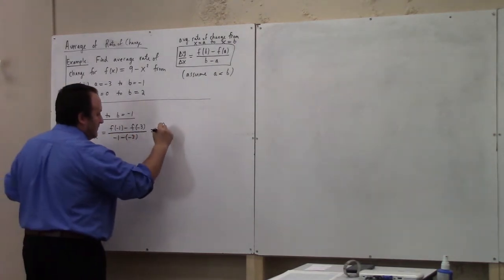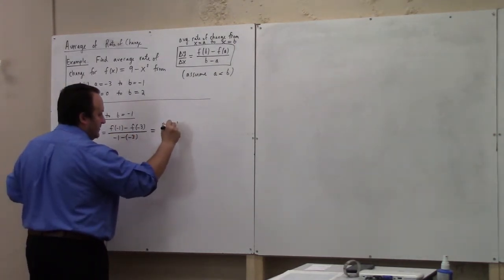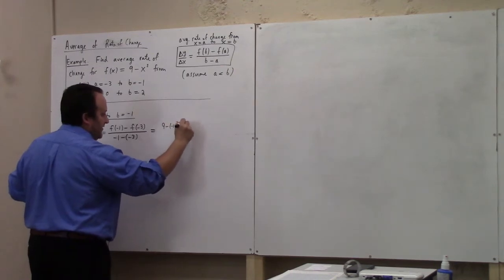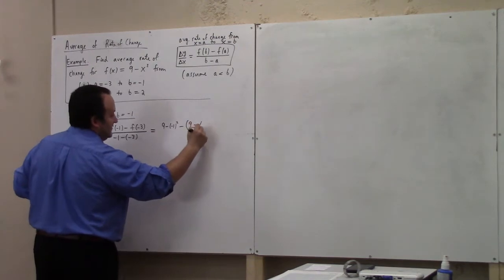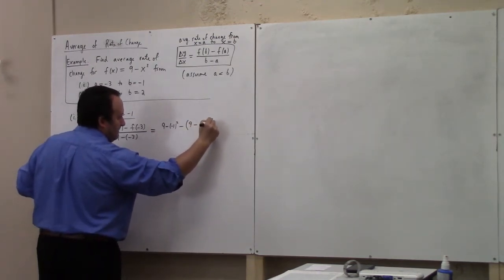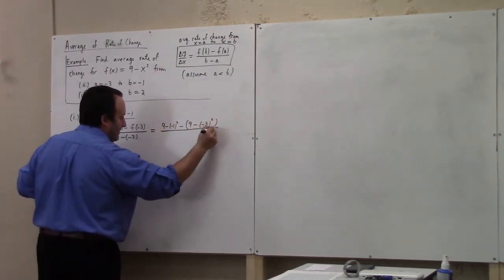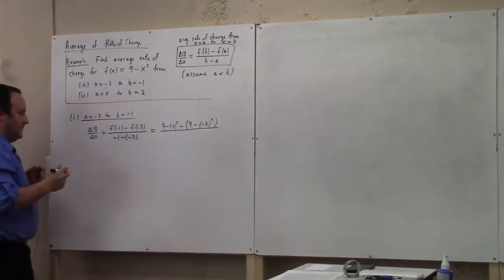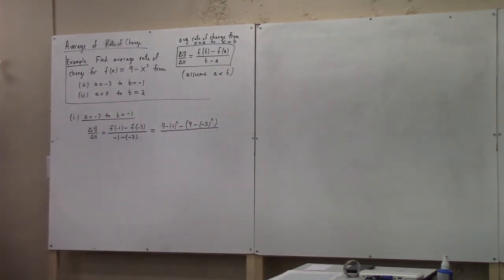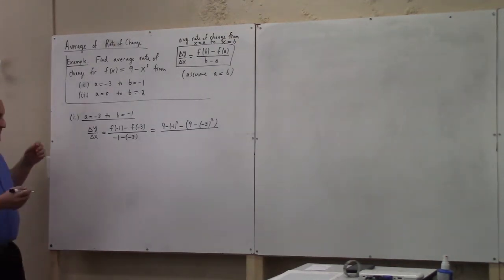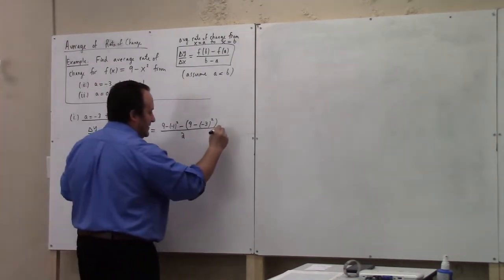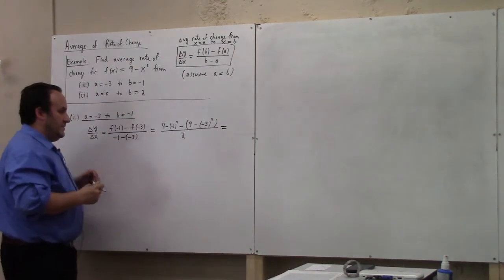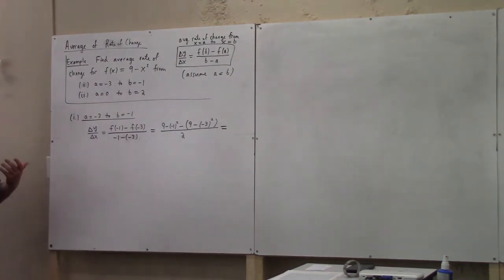9 minus minus 1 squared minus, and I'm going to put some parentheses. Parentheses are your friends here. Parentheses are always your friends, but they're especially your friends here. What does the denominator work out to? I heard a positive 2. I'll buy that. And so can you guys clean up the numerator for me here? Can you see what cancels?